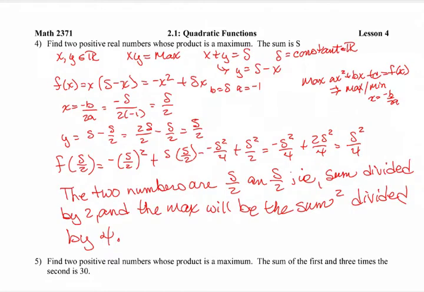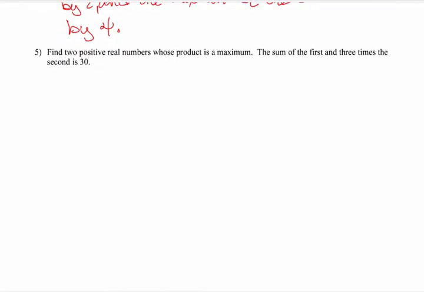Okay? Now let's go look at the next question. So the next question says, find two positive real numbers. So that tells me x and y are real numbers where their product is a maximum. So x times y equals a max.